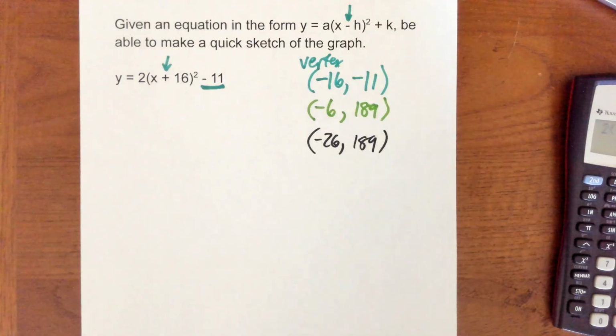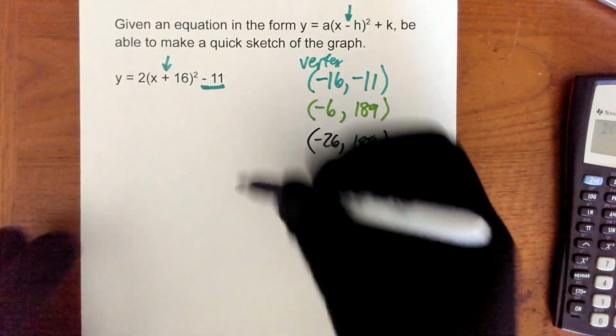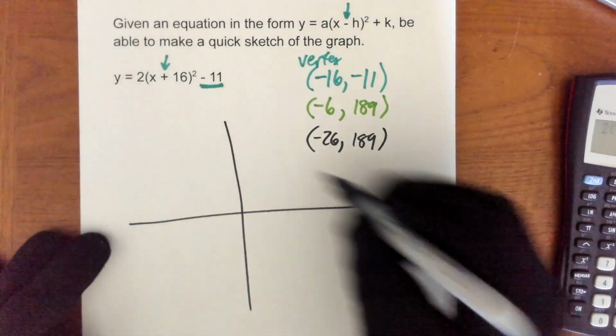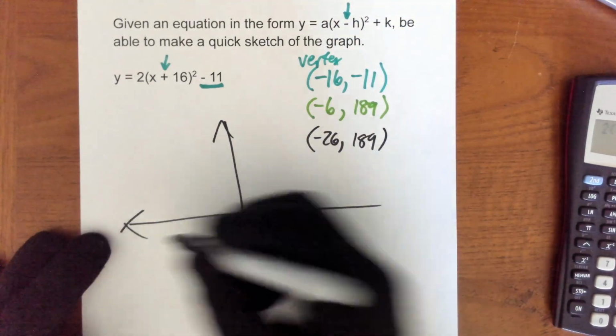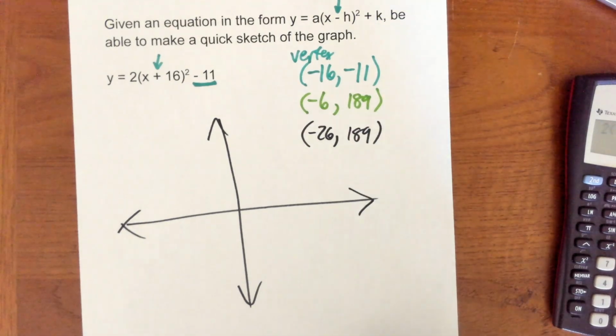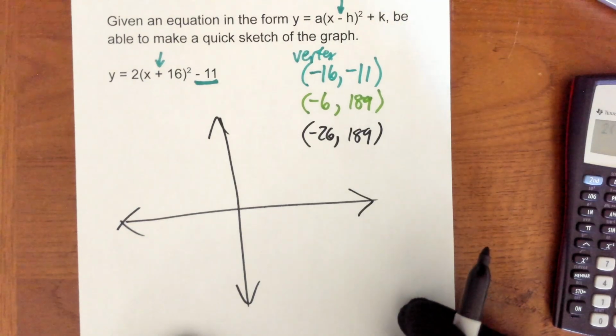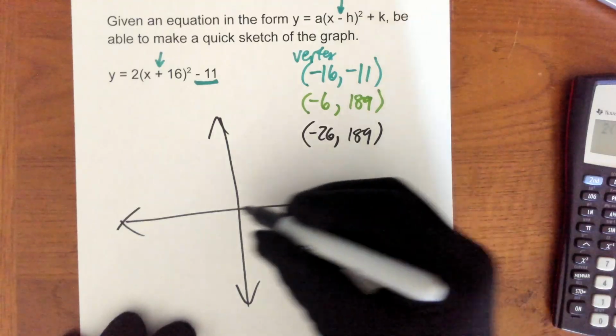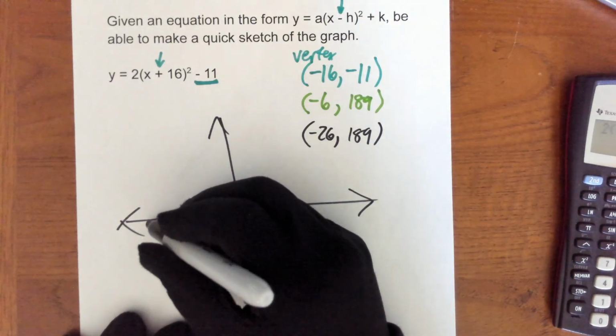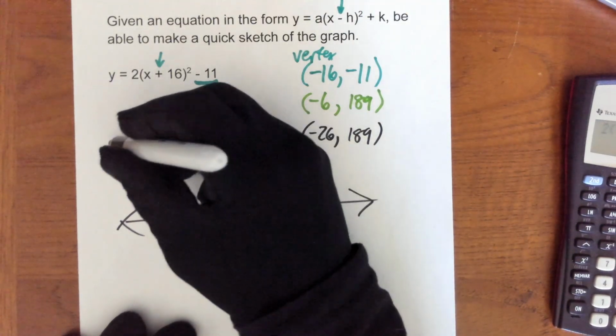Okay, those are our 3 points. Then make a quick xy graph sketch. Again, we're not looking for a lot of precision. Negative 26, positive 189.